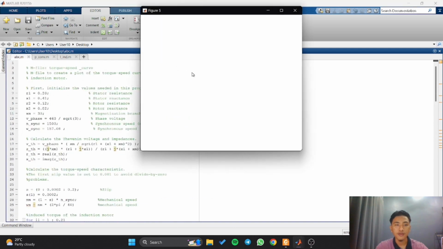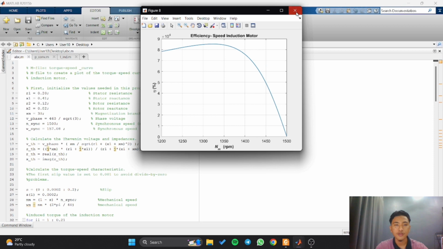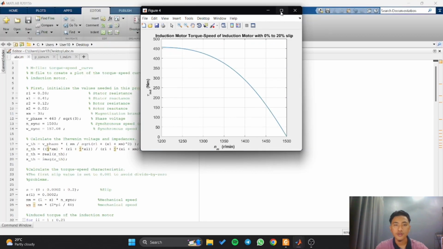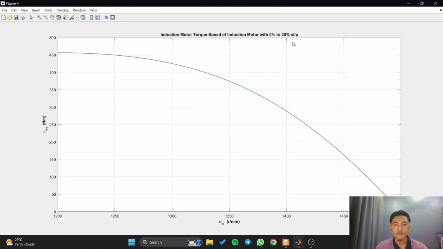So we run the simulation. This is the induction motor torque speed for slip 0 to 20% or 0.2 slip. At 1200 RPM, the induced torque is 456 Newton meter until 0 Newton meter at 1500 RPM.